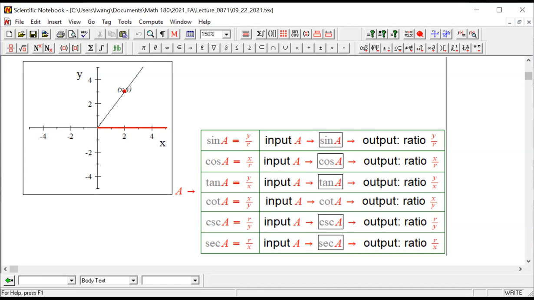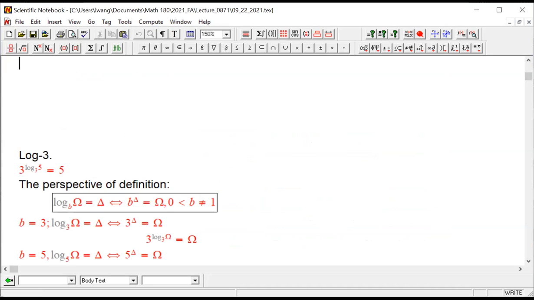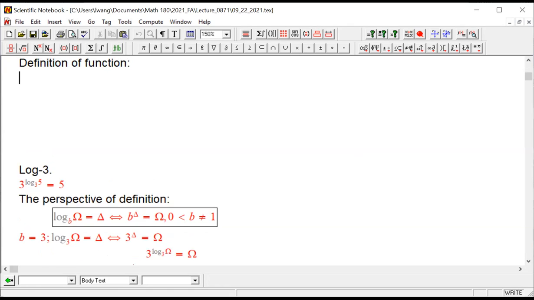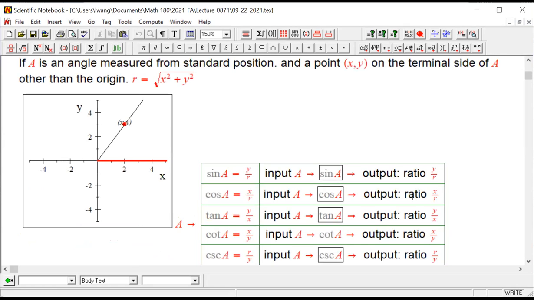Here, we want to revisit the definition of function. What is the definition of function? A function is a rule that assigns to an element from the domain exactly one element in the range. Do you have that flashcard with you, or can you already recite it?